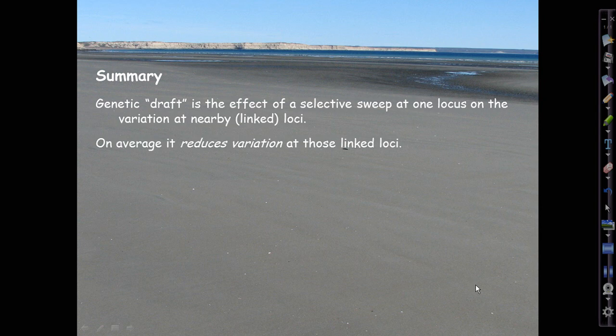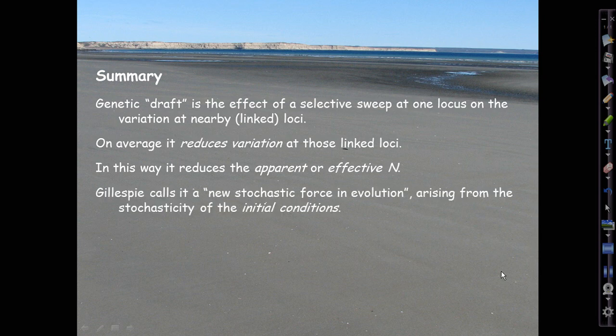On average, it clearly will reduce variation at those linked loci, and in this way it reduces the apparent population size, and as Gillespie's argument, I think, convinces all of us, that really is the effective population size for many purposes. So effective Ns are smaller than you think.